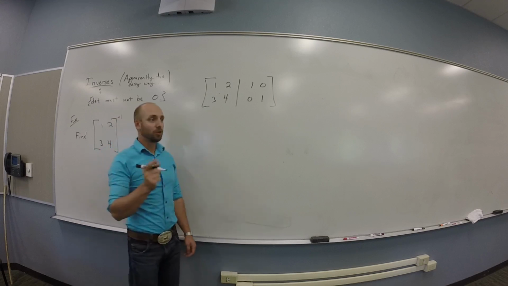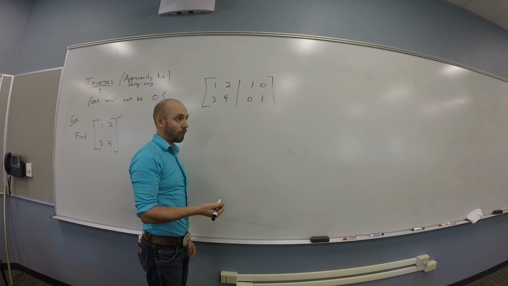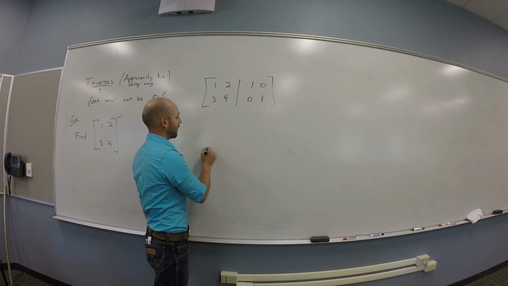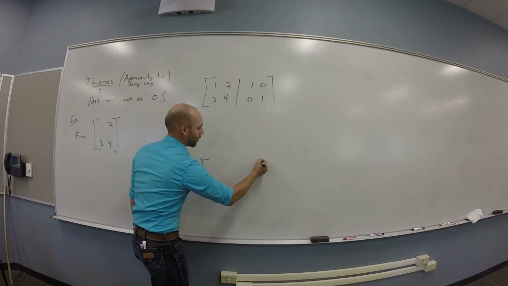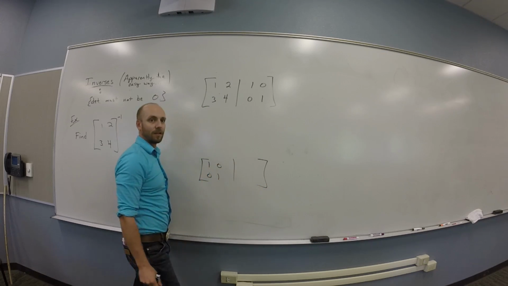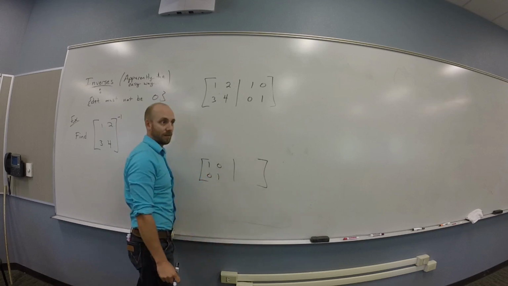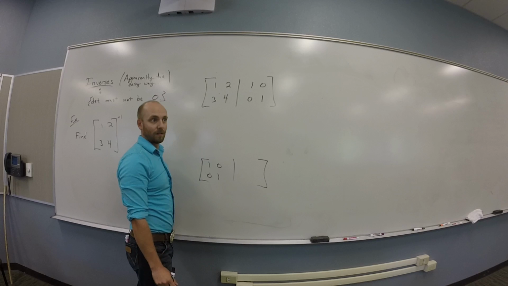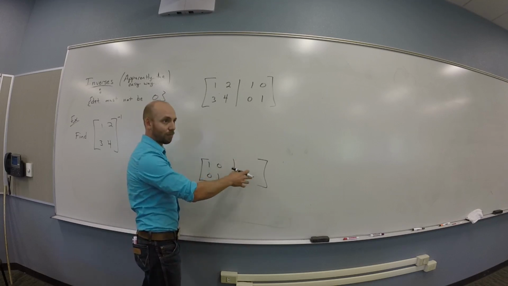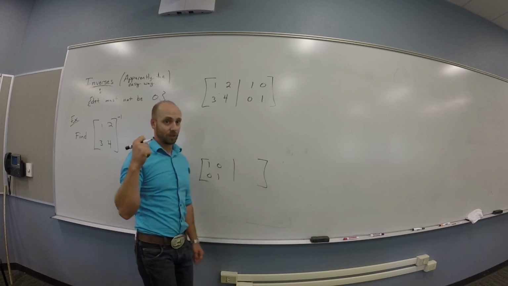So I'm going to pretend this is an augmented system. I'm going to try to solve it until I get the identity on this side. Once I have 1, 0, 0, 1 on this side, the stuff that I get over here is going to be the inverse.